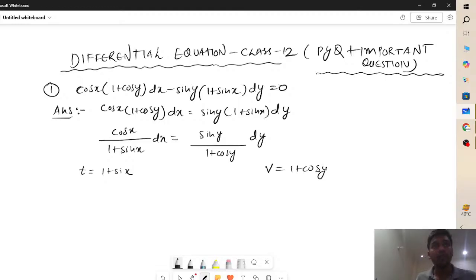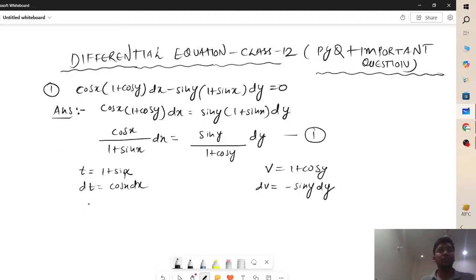Now we differentiate both sides with respect to x. So we get dt equals cos x dx, because the differentiation of sin x is cos x, and here we get dv equals minus sin y dy, because the differentiation of cos y is minus sin y, and remember this equation is 1.